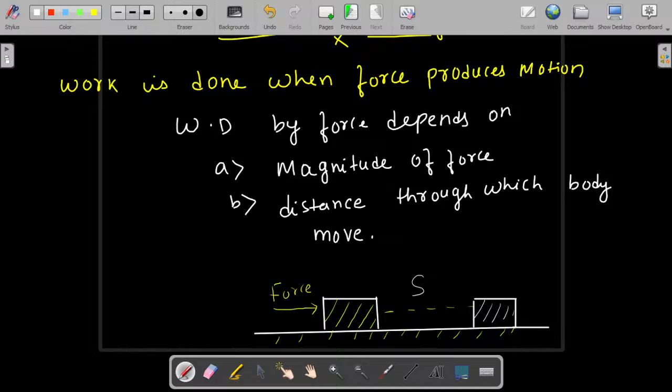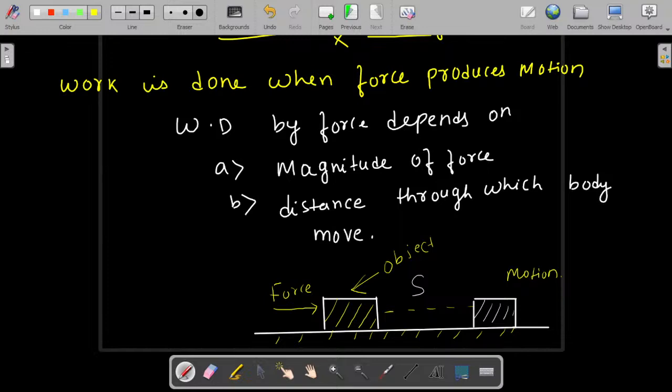Whenever you apply a force on any object, if that force creates displacement, then we say some work is done by the external force. So work is done whenever force produces motion. Here force produces motion. Body is in the state of what? Motion.